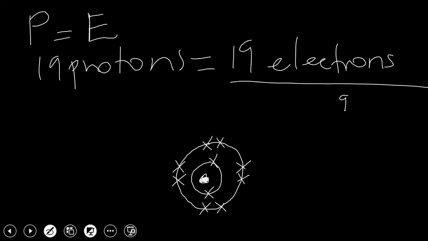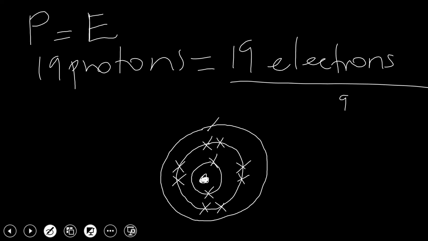So I draw another shell, because every shell takes a maximum of 8, apart from the inner shell, which takes a maximum of 2. The rest of the shells take a maximum of 8. So the next shell is going to take a maximum of 8.